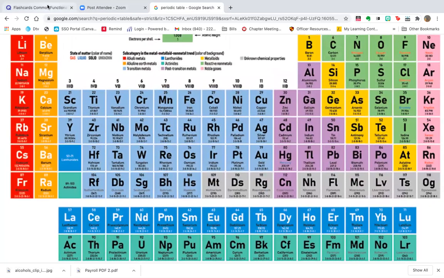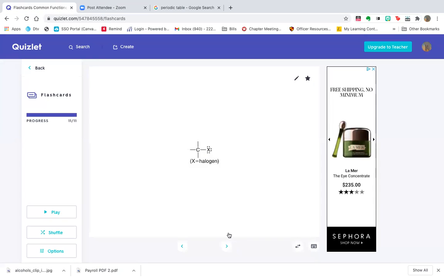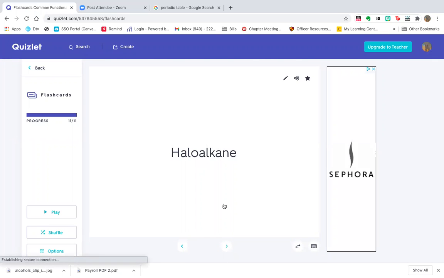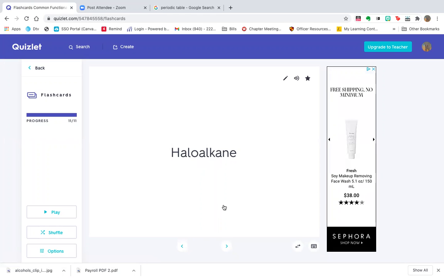But like I said, it's very easy to recognize because it just sticks out, since none of these are in any of the other groups. And then sometimes she'll just straight up put the X, and that also isn't in anything else. So it's pretty easy to tell when it's a haloalkane. One thing to make sure is that it's haloalkane, and don't say it's a haloalkene or alkyne because that will be counted wrong.